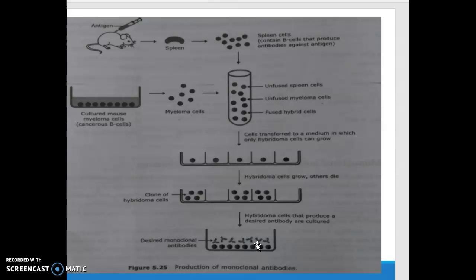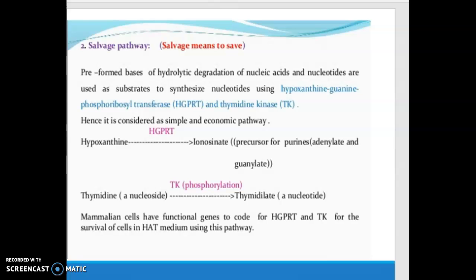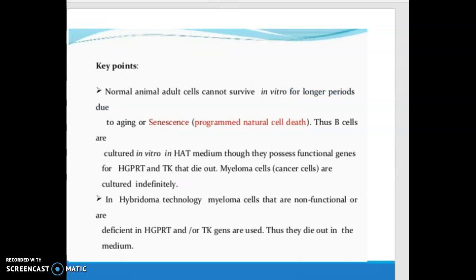This kills the myeloma cells but allows the hybridoma cells to survive, as they inherit HGPRT from the lymphocyte parent. Unfused lymphocytes die after a short period of culture, which results in a pure preparation of hybrids. This is the procedure for monoclonal antibodies. Here the pathways are also given.